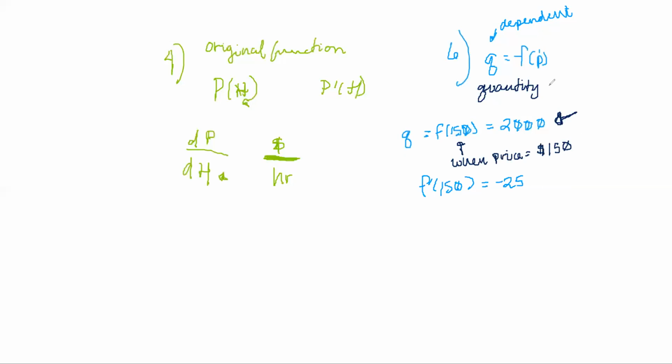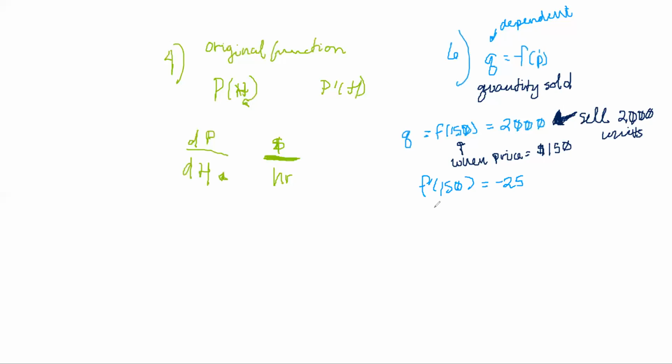So this is the quantity sold. So when price is equal to 150, you sell 2,000 units. Does that make sense? Yeah. Okay.